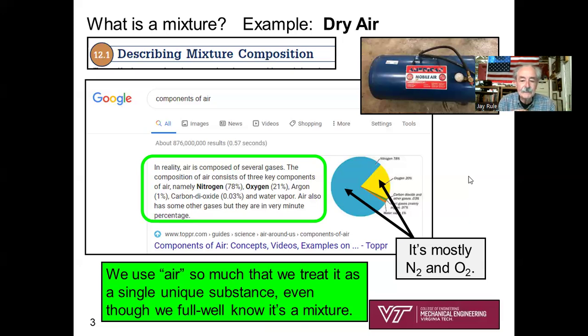So you recognize that dry air is mostly nitrogen and oxygen. And so as engineers, we use air so much in our engineering work, we treat it as a single unique substance, even though we know full well that it's a mixture of nitrogen and oxygen. So chapter 12, we're going to look at this mixture idea, but do recognize air, it's a mixture.